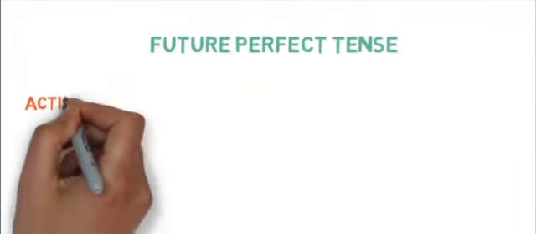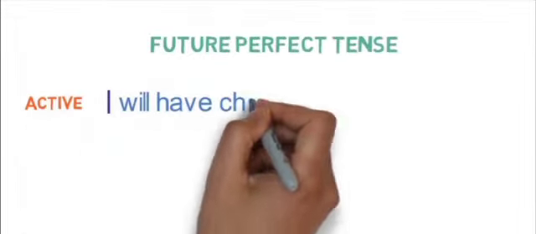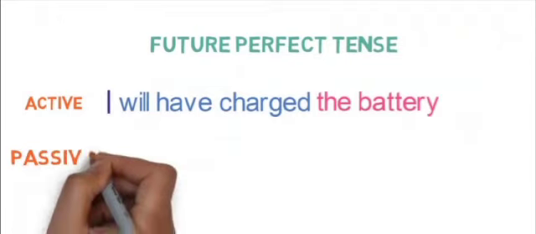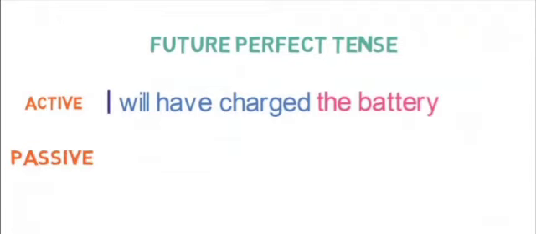Then future perfect tense. Example, I will have charged the battery. Subject is I. Charged is the verb. The battery is the object. Interchange the positions of subject and object by applying the second rule.